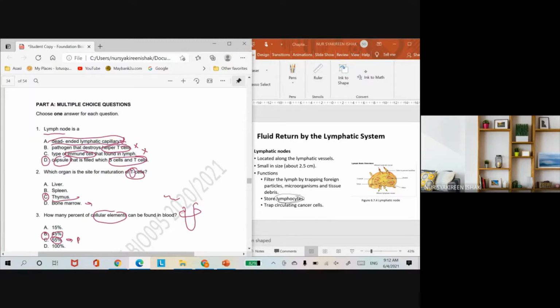So blood plasma: 90% of the 55% is water. The other 10% has the electrolytes and the plasma proteins such as immunoglobulins.